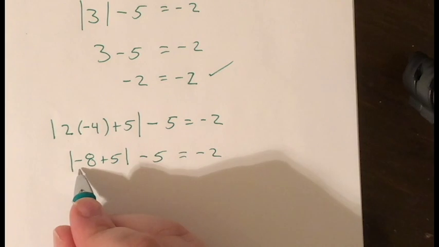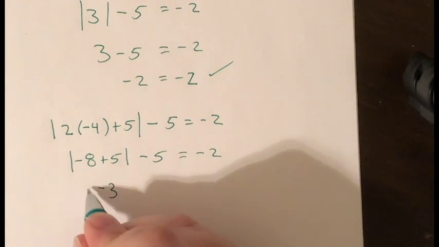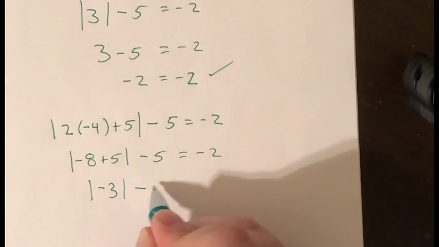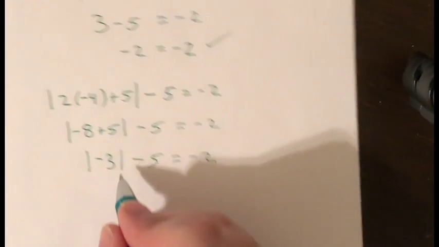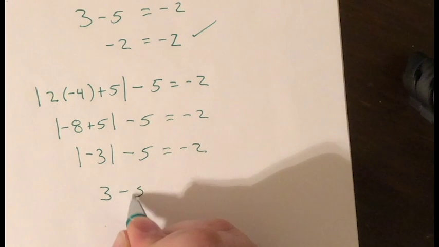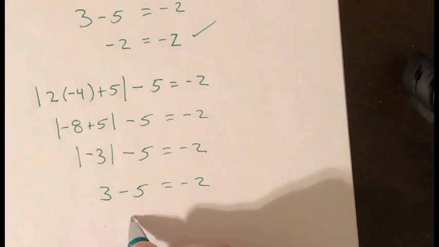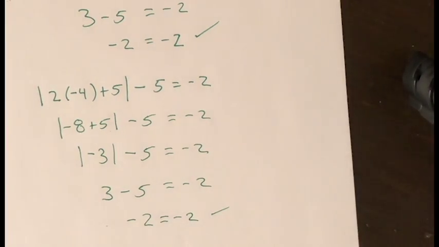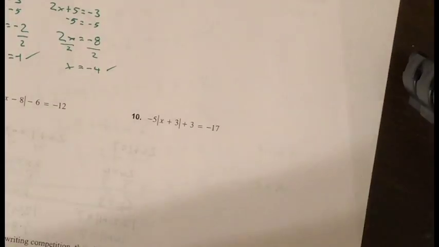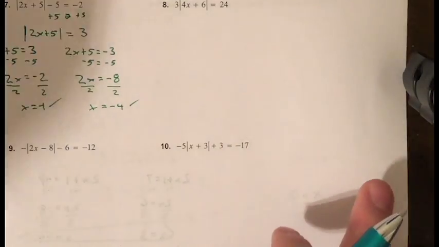Well, -8 plus 5 gives me -3, so the absolute value of -3 minus 5 equals -2. Well, the absolute value of -3 is a positive 3, minus 5 equals -2, and that gives me -2 is equal to -2, and that checks out. Cool. So both of those answers check out.